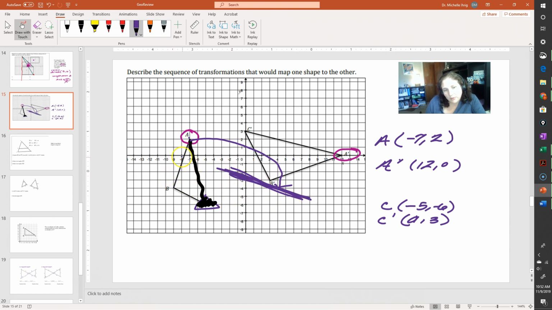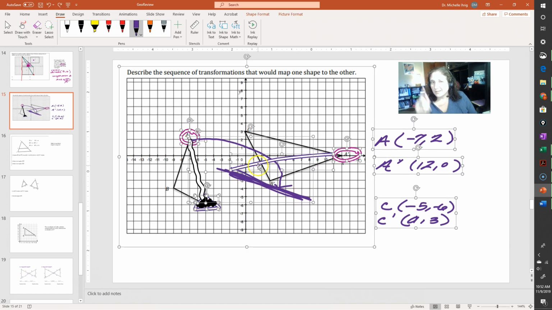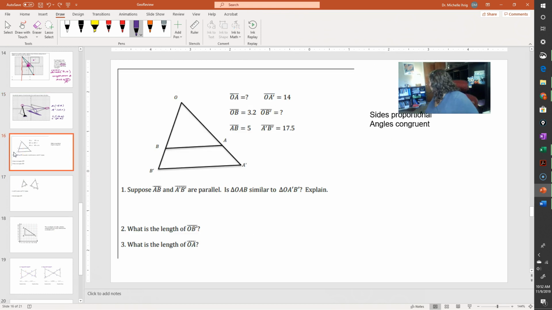And then when we rotate it 180 degrees, it's going to look like this. Stop with the laser pointer. And then we have to reflect it to bring it back down here. So we would have to do both, and then you would have your dilation from there. This is harder than what you're going to see on your test. Stop with the laser pointer, please.